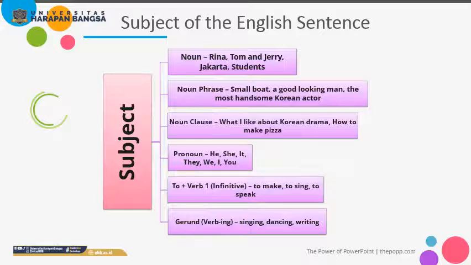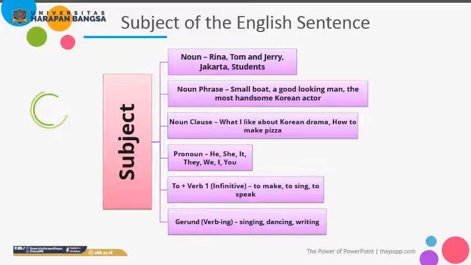Tom and Jerry, it's plural and it's human. Yes. Next, Jakarta. Jakarta is, yes, it's singular noun and it is non-human. While students is, exactly, it is plural and it is human.